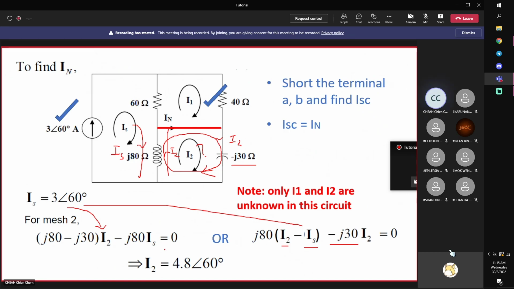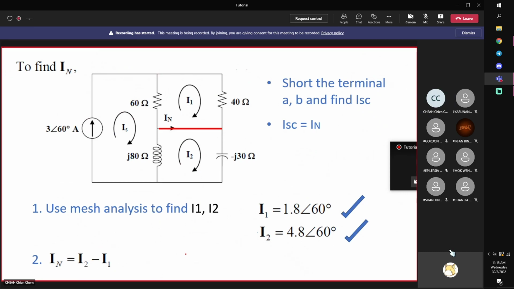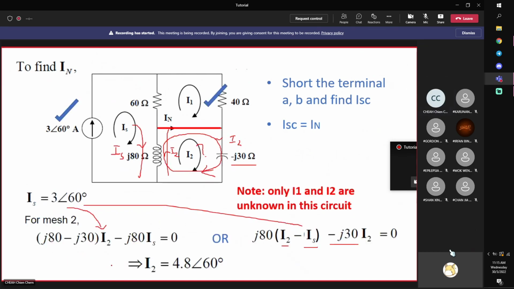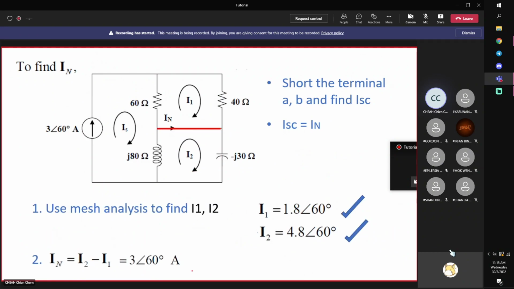So we have obtained I1 and I2. Then we need to subtract them to get IN. Perhaps over here, you can keep it in rectangular form, then do the subtraction. Finally, you need to convert back into polar form.